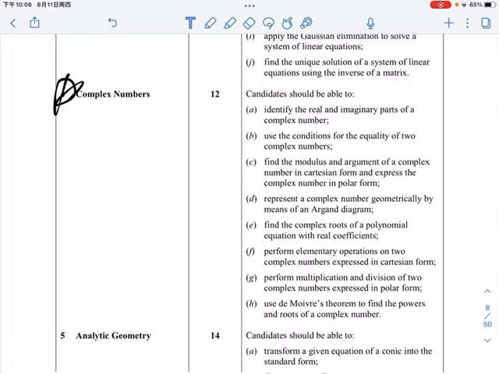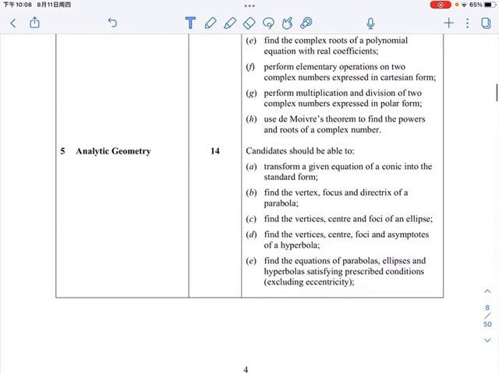Okay, let's go to number 5, analytic geometry. In analytic geometry, you will learn about shapes like the circle, ellipse, hyperbola, and parabola, and you have to know how to draw all these graphs.